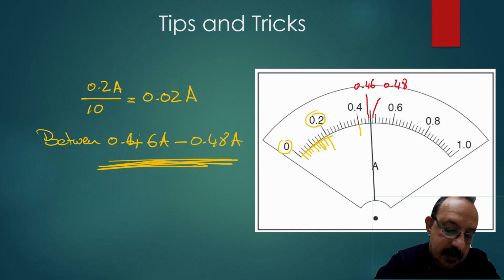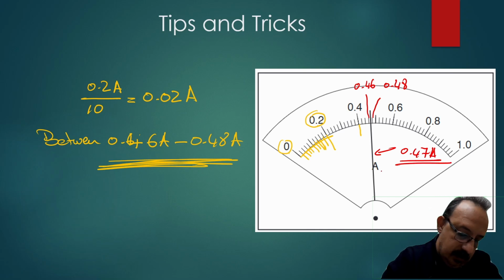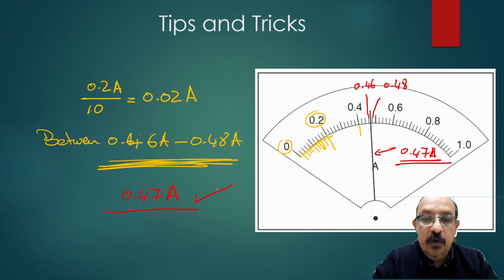So a good estimate for the pointer reading is 0.47 amps. So the reading of this ammeter can be 0.47 amp, and this should be okay. Okay, so this is how we do it.